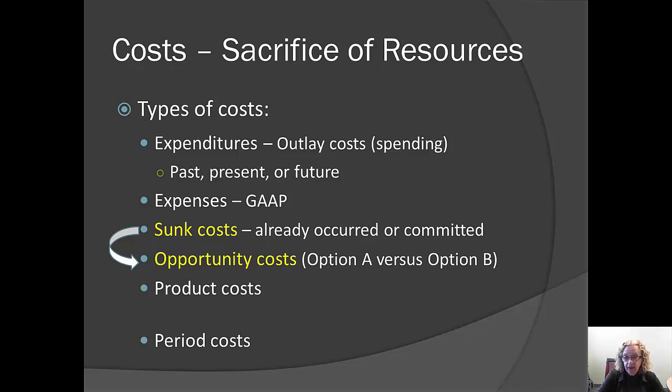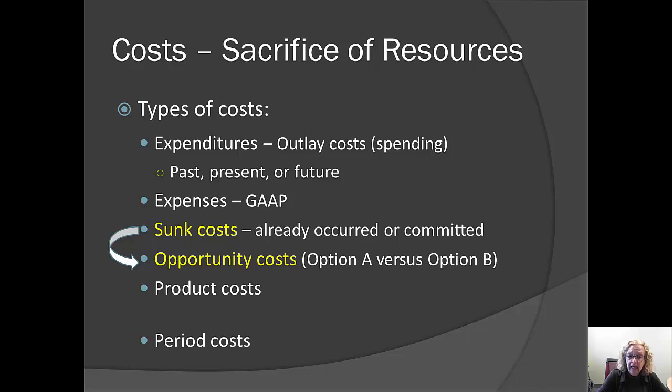By contrast, most managers have trouble recognizing opportunity costs. That's because it's very easy to measure how well something worked out if we chose to do that thing. But it's much harder to assess the value of the road that we chose not to take.